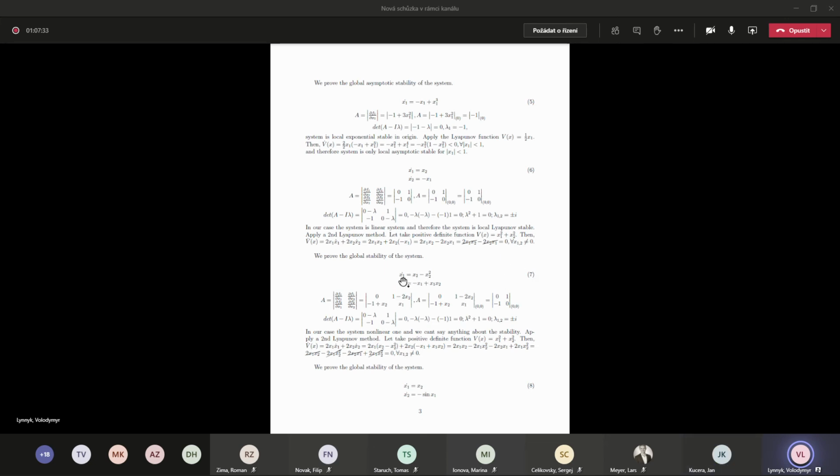Okay. The next example is this one: x1 dot equal to x2 minus x2 squared, x2 dot equal to minus x1 plus x1 x2.